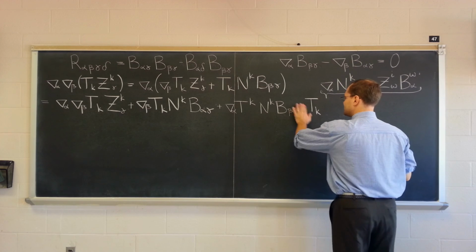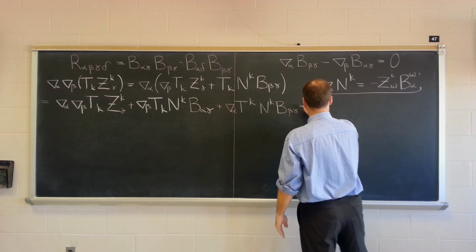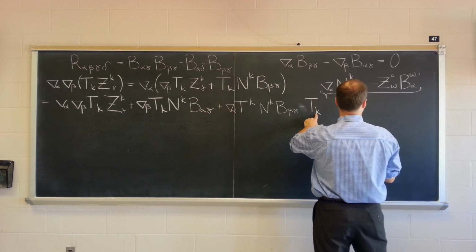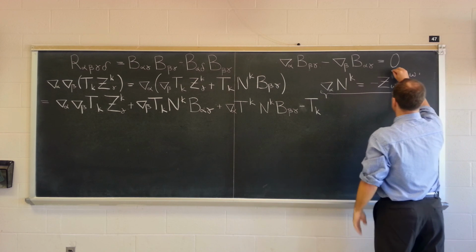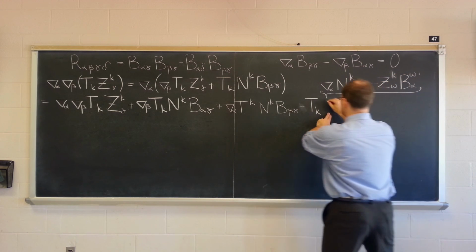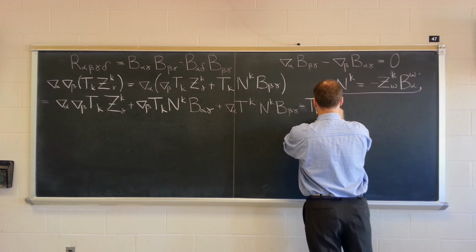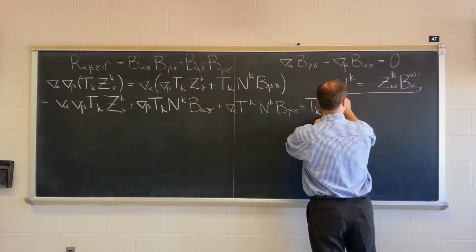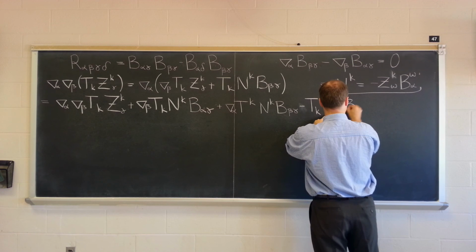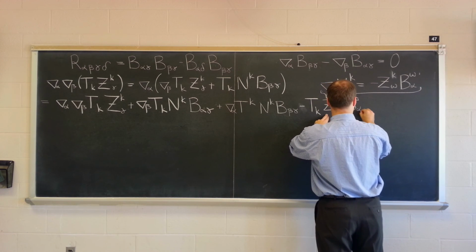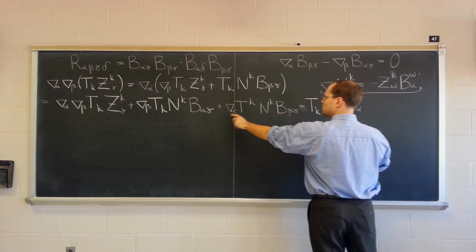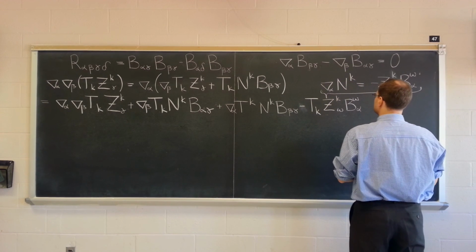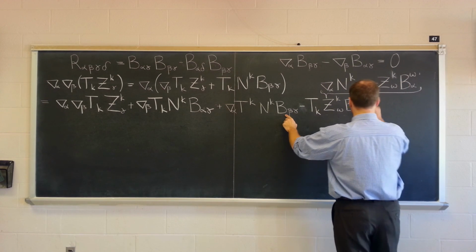So this plus is really a minus t k, with a k here. So Z k omega B omega alpha B beta gamma. That's right.